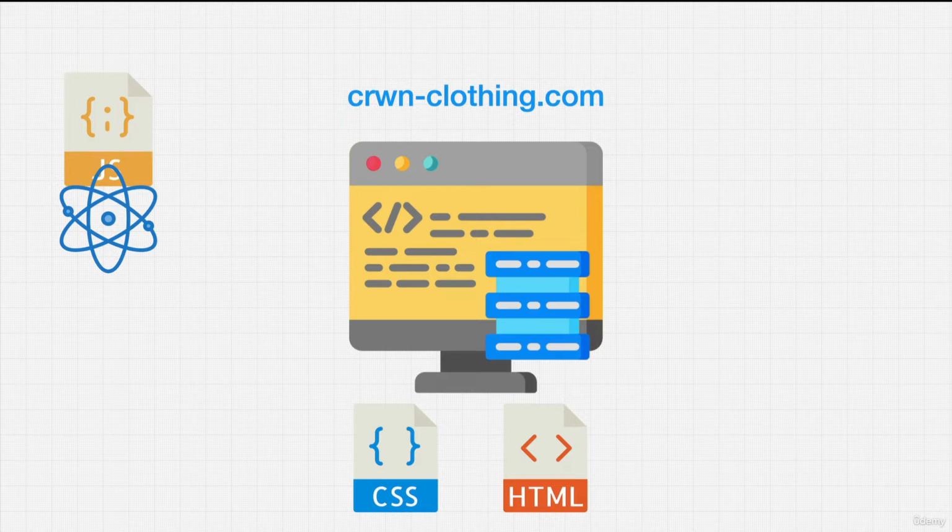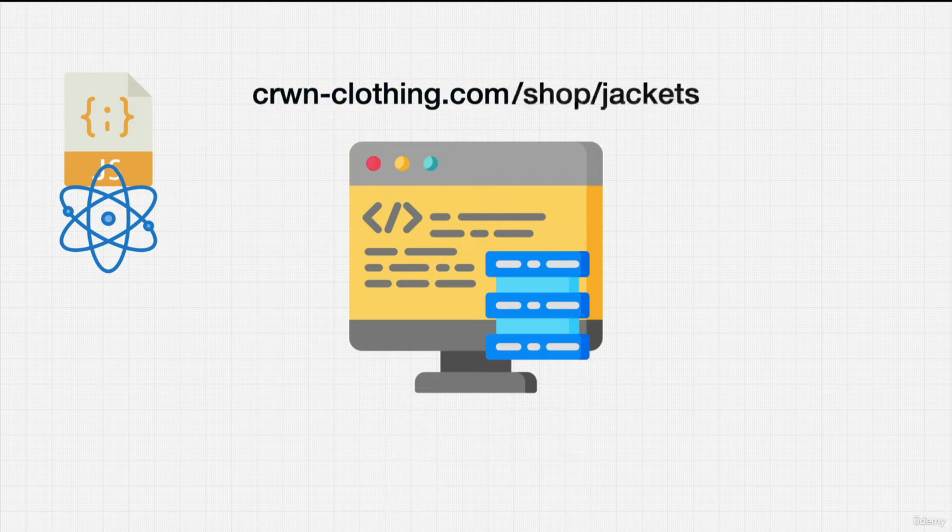Now, let's say the user already has our JavaScript code. What happens when they navigate further to shop jackets is that our JavaScript code, which contains our React Router DOM code and all the code to configure what routes get what components, will see, oh, this user is now trying to access /shop/jackets. There is going to be some route matching that happens through the React Router DOM Routes components that we've written.